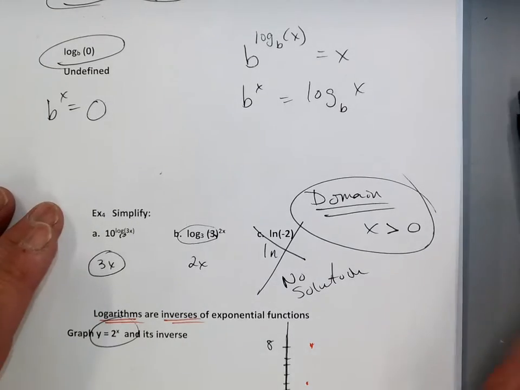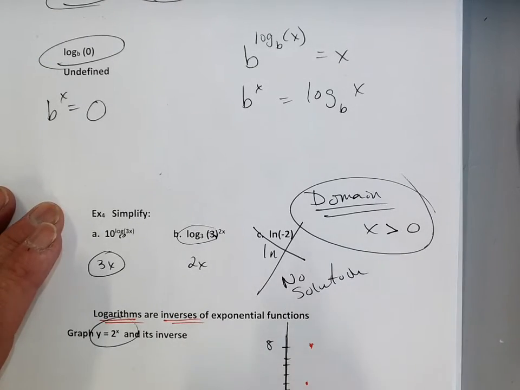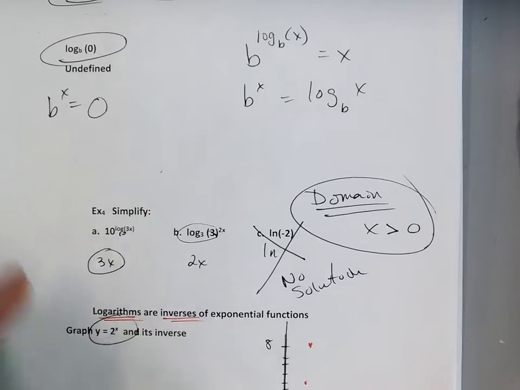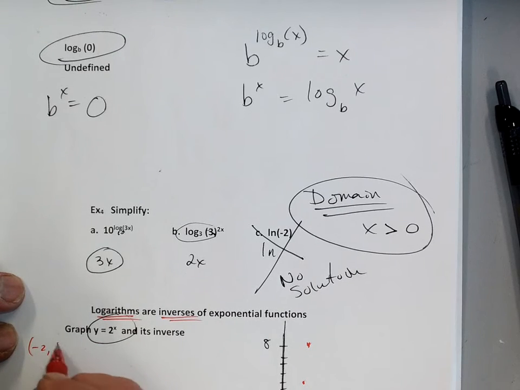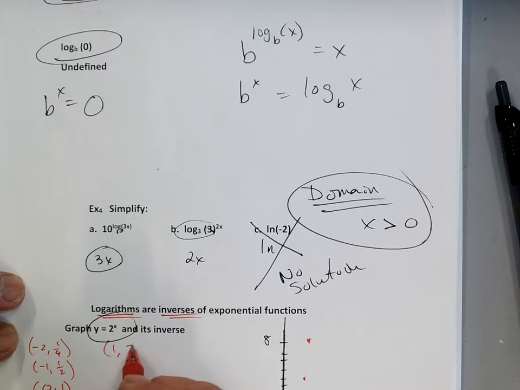Let me write all these points out so you see them. These were my original points in red. We had -2 and 1/4, -1 and 1/2, 0 and 1, 1 and 2, 2 and 4, and also 3 and 8.